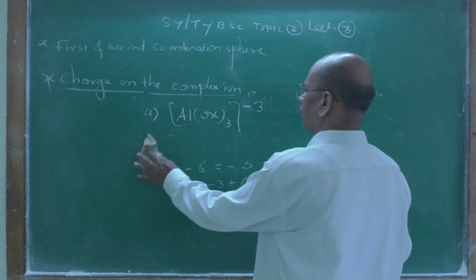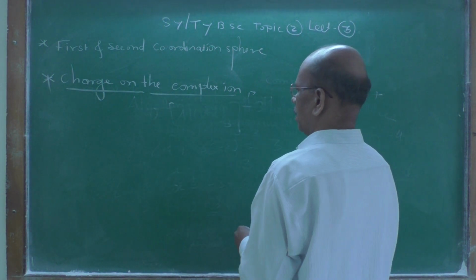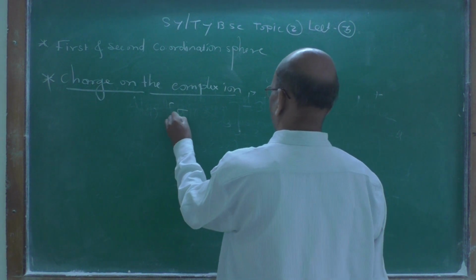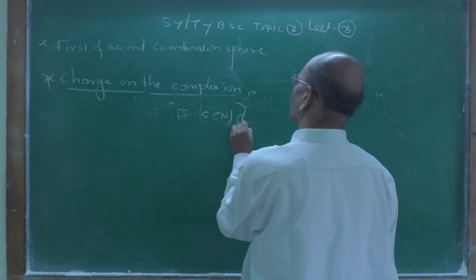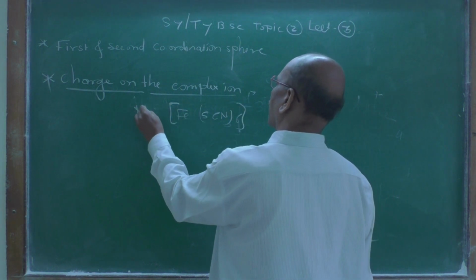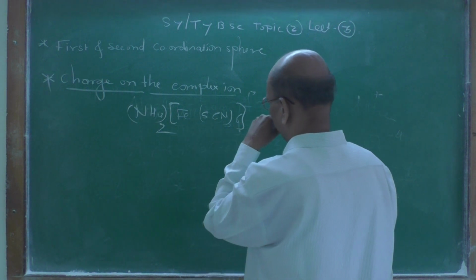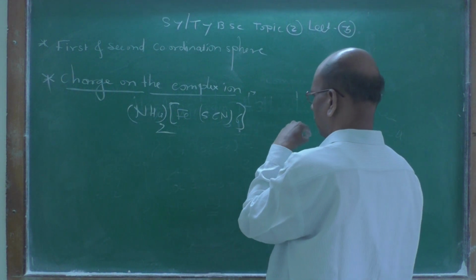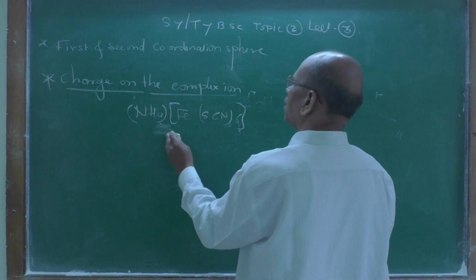So I can take one more example. Suppose here (NH4)3[Fe(SCN)6].